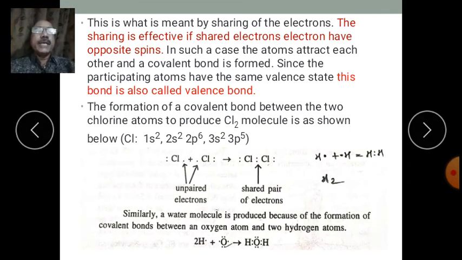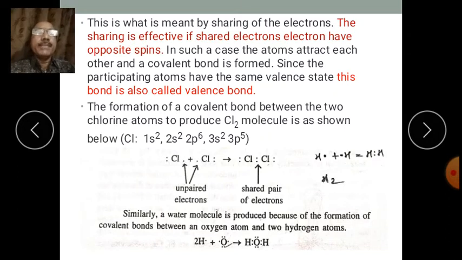The sharing is effective if the shared electrons have opposite spins, isn't it? In such a case, the atoms attract each other and a covalent bond is formed.